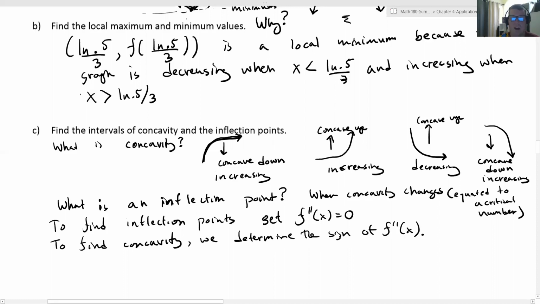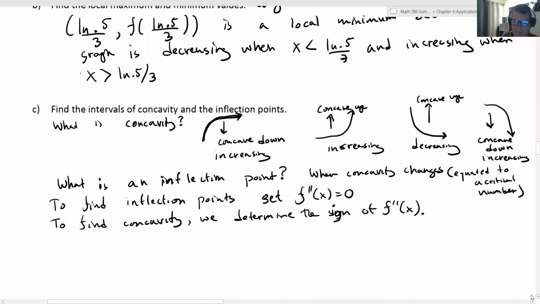So to find inflection points, we set f double prime of x equal to 0, and to find our concavity, we determine the sign of f double prime of x. Let's do that with this one.